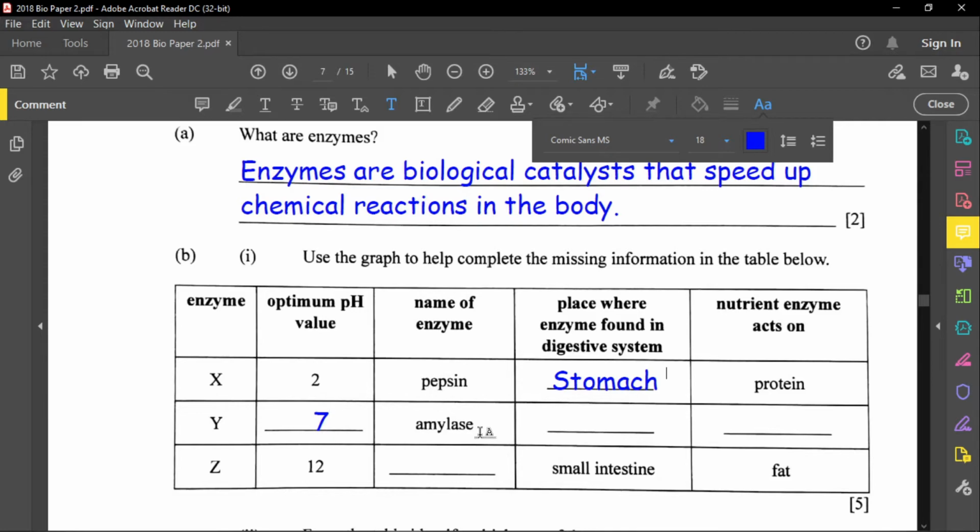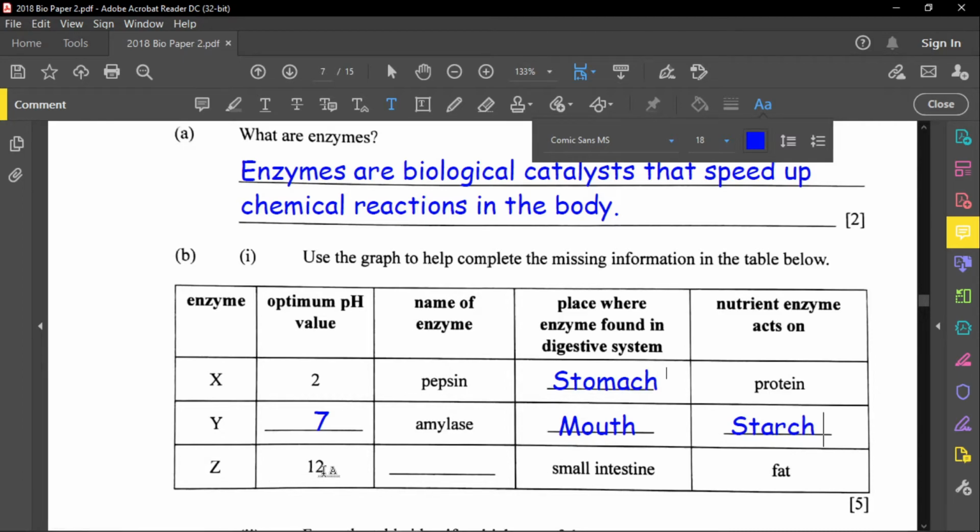The salivary amylase works in the mouth, and the mouth is basically neutral, which is pH 7. So we can say that this is in the mouth and not in the small intestine. Notice the difference there. The nutrient the enzyme acts on: if it's in the mouth, the salivary amylase breaks down starch, which is a carbohydrate.